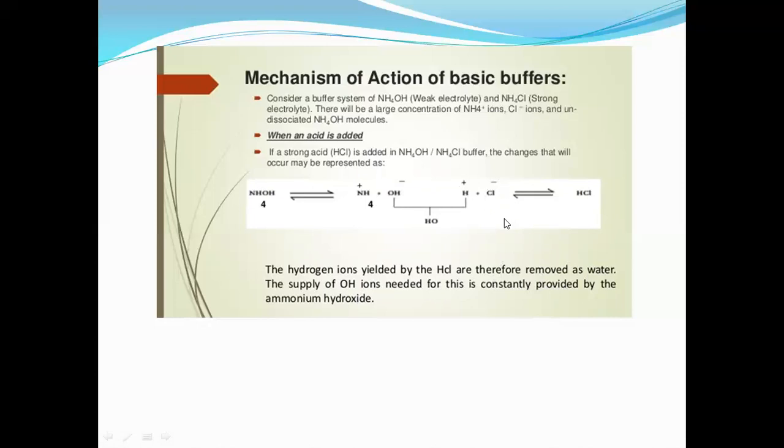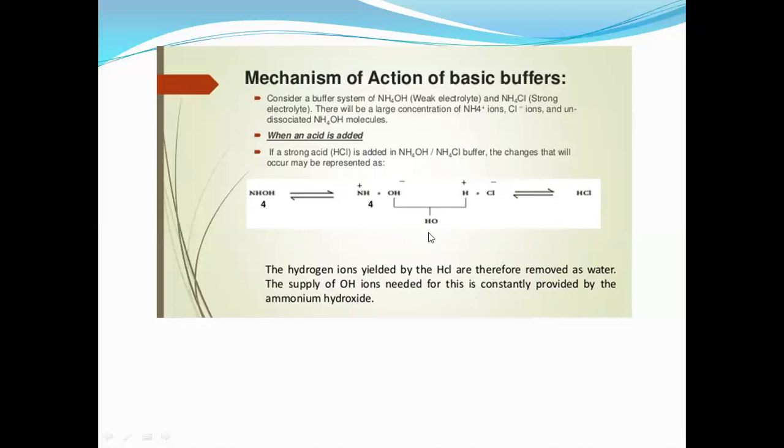जब इस solution में HCl डालते हैं, that is completely dissociated. Hydrogen ions are produced. जब hydrogen ज़्यादा होगी तो the solution will become acidic. लेकिन this solution is a buffer solution and it resists increase in H ions. और ये कैसे होता है कि H ions are combined with the OH ions which are produced by NH4OH.